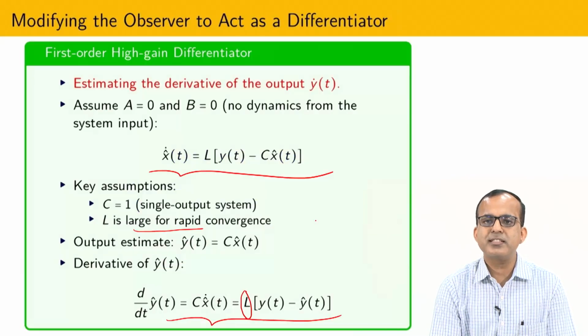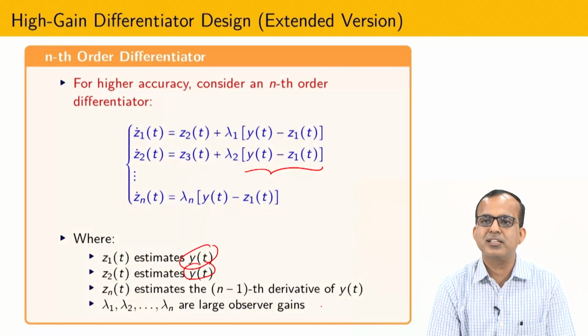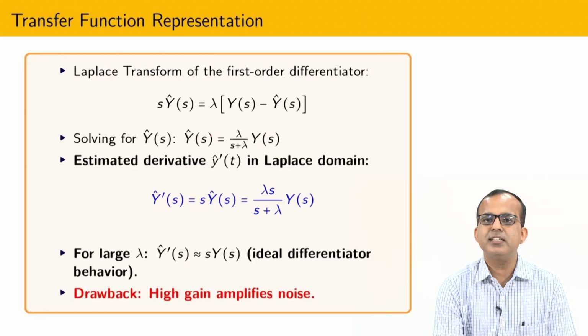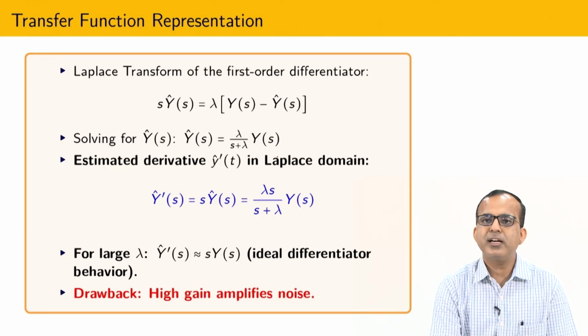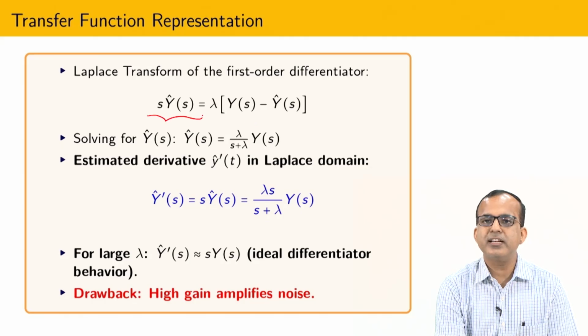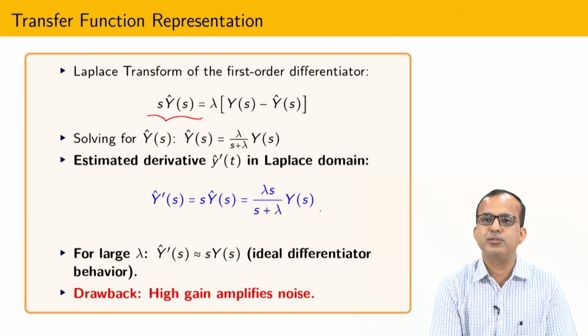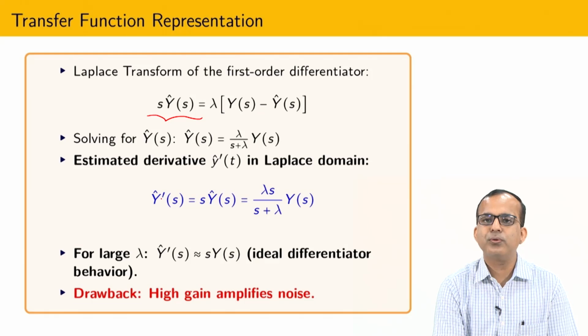So let us first establish why this will work like a differentiator. Since this is a linear system, what I have done is taken the Laplace transform, and after taking Laplace transform and assuming initial condition equal to 0, and after adjusting, you can see that this kind of structure comes into picture. Now, what is the meaning of derivative? Derivative is nothing but s into y cap(s).